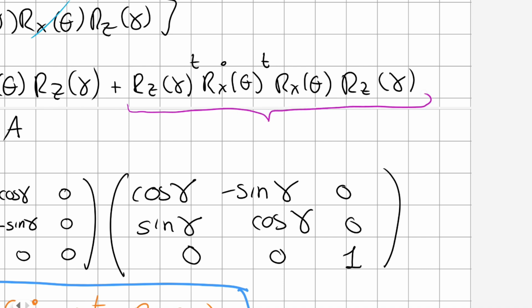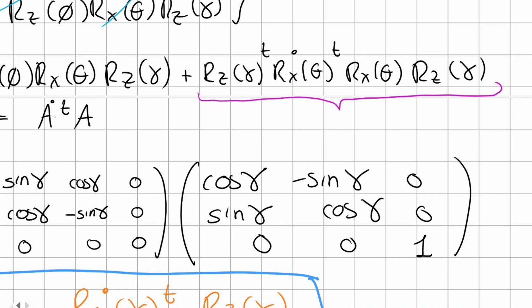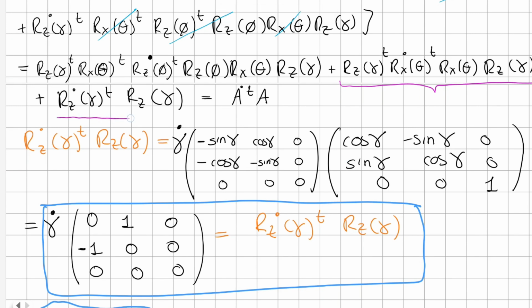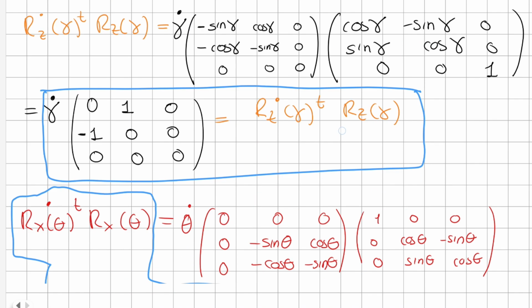This term corresponds to the A dot transpose times A. So we are going to calculate this whole piece that we have here. By now we already have this, and we are finding this in this step. So the last part is going to be to calculate the first element, which is the longest element.